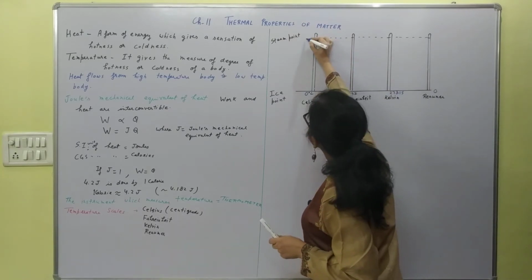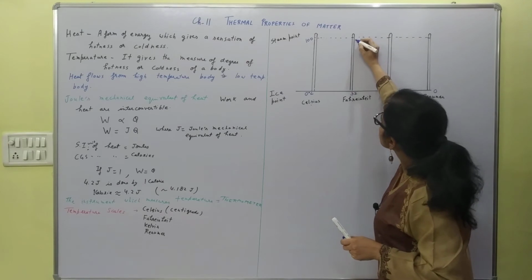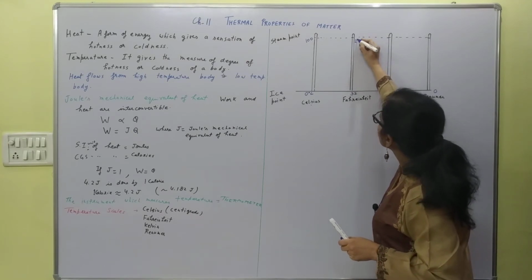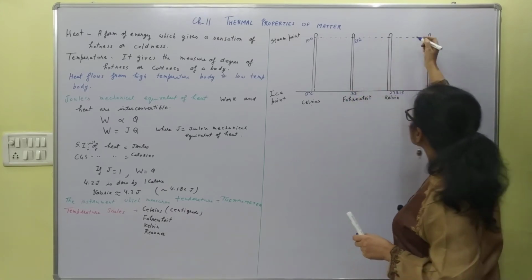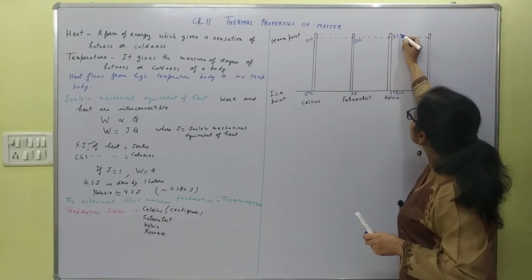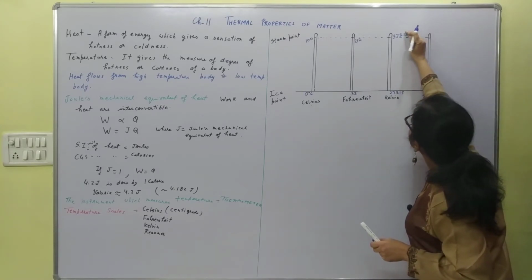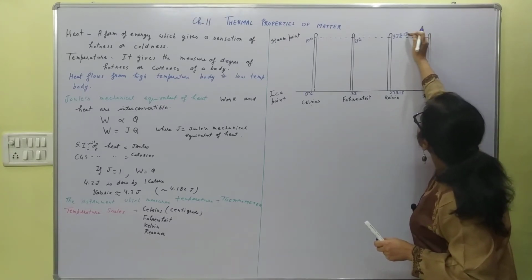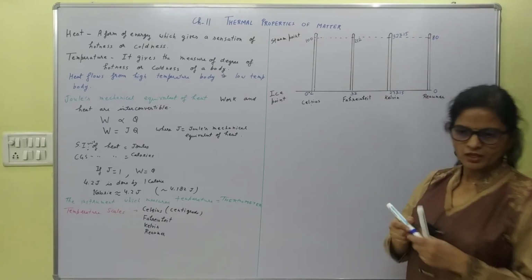For Celsius scale 100 was marked as the steam point. For Fahrenheit, 212 was marked as the steam point, and for Kelvin it is 373.15 steam point, and for Reaumur this one is 80.